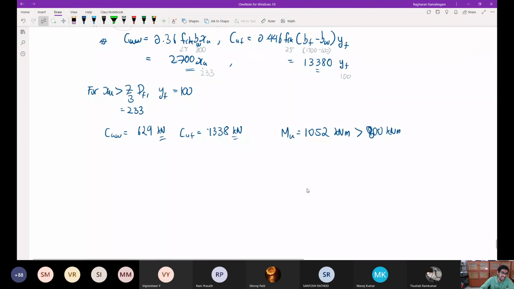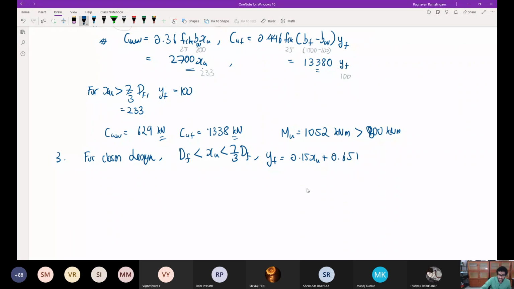So for a closer design, you would require a case where DF is lesser than XU, which is lesser than 7/3 DF, in which case YF will be 0.15 XU plus 0.65 DF.